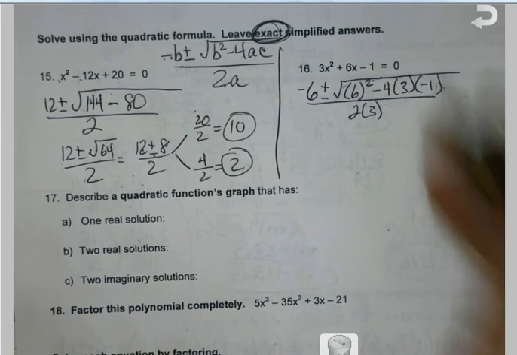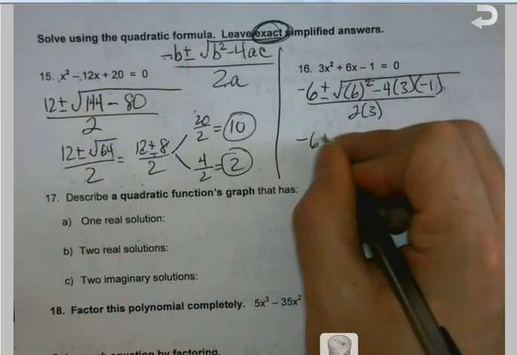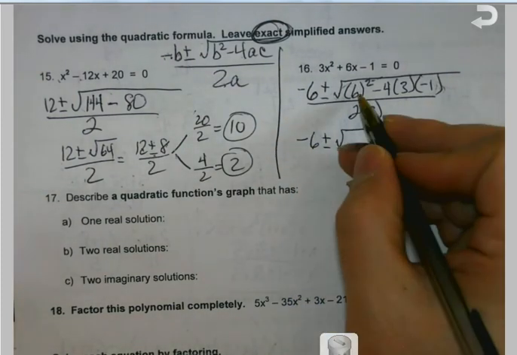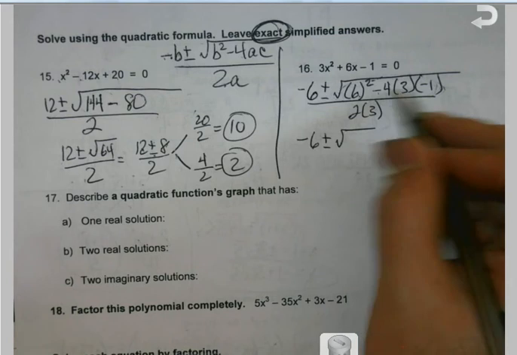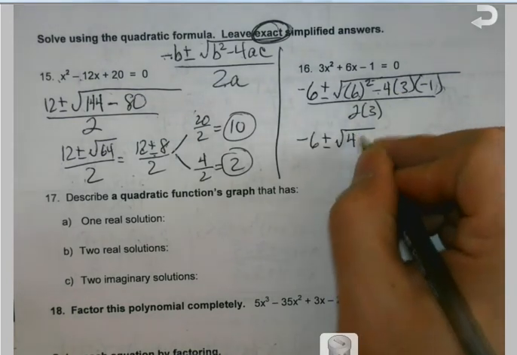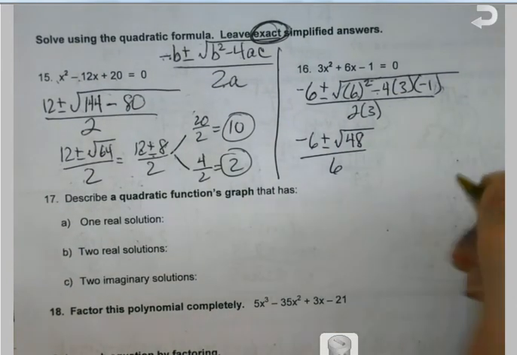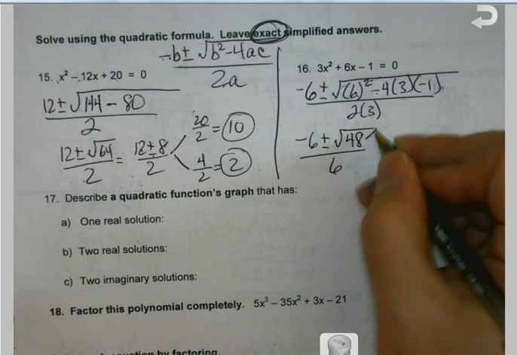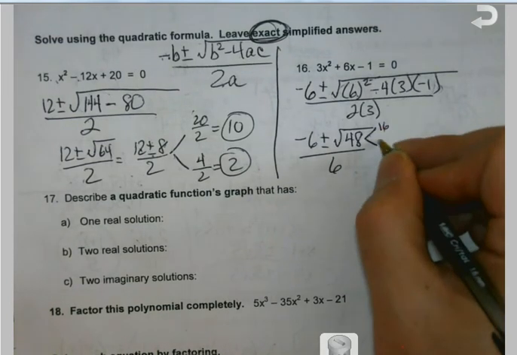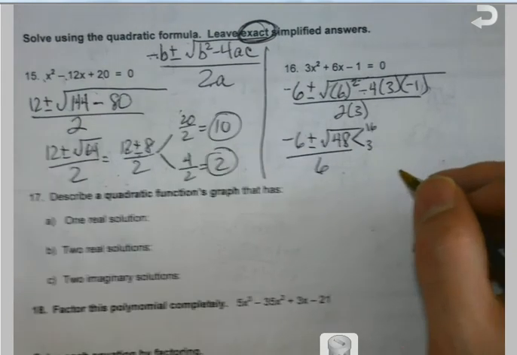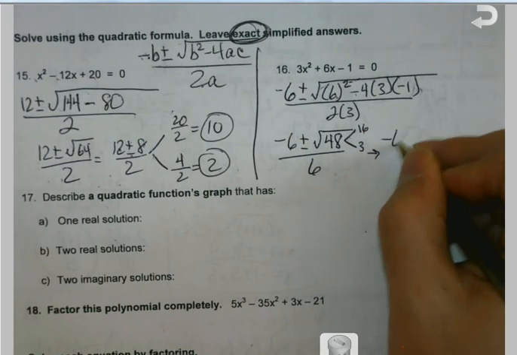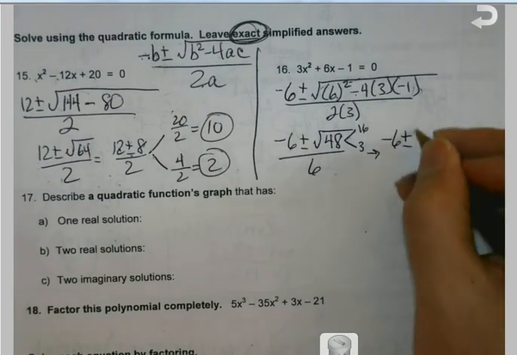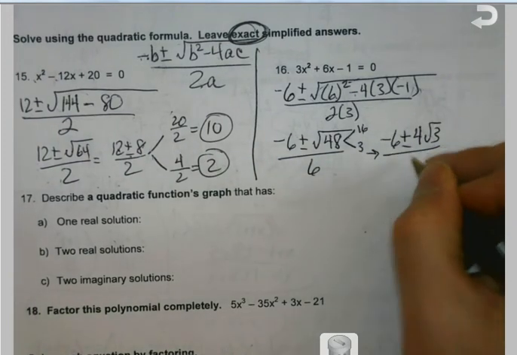We talked about before how the parentheses can mess us up otherwise. So 36 minus negative 12 would be plus, so that's going to be 48. Don't be content. If you can break down the radical, you better do it. Square root of 16 to be 4, square root of 3.